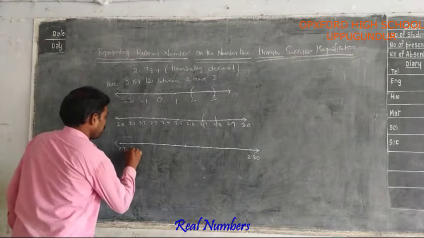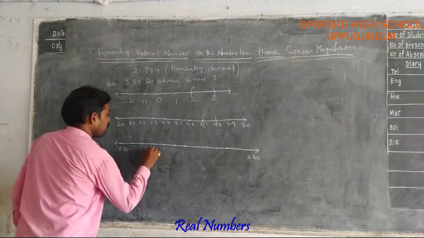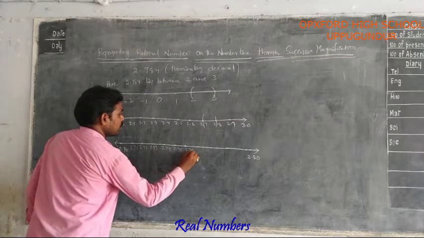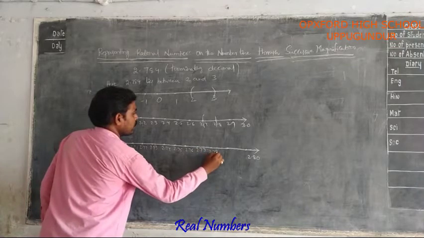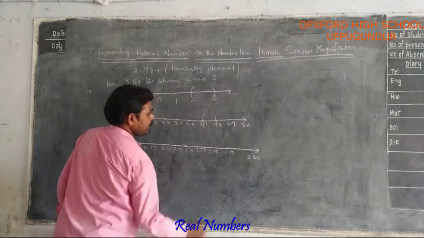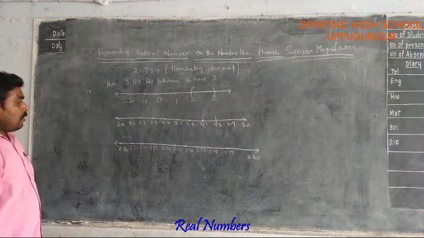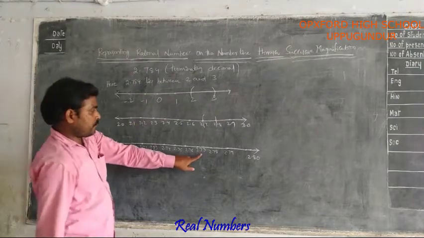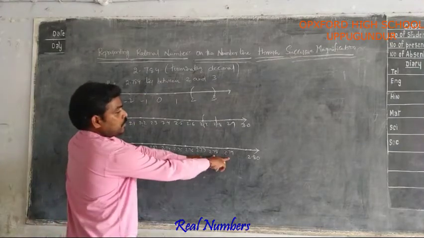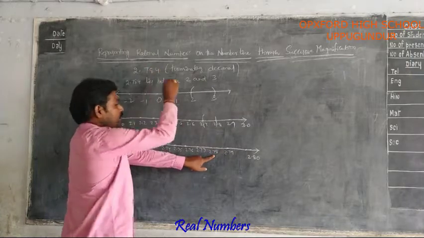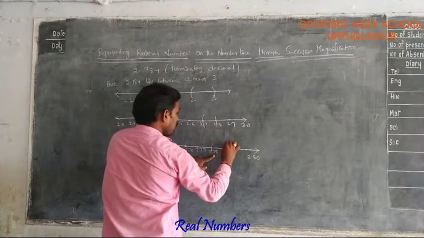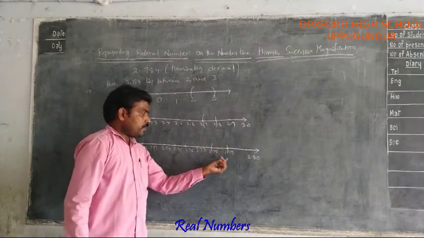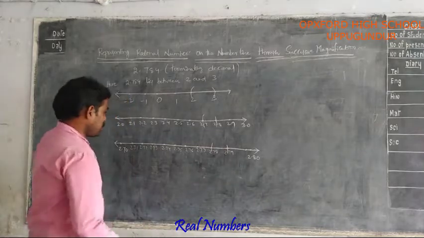So 2.71, 2.72, 2.73, 2.74, 2.75, 2.76, 2.77, 2.78, 2.79, 2.80. Now the value we want is 2.784. So this one is 2.78 and this one is 2.79. Now this 2.784 lies between these two. Again we have to divide the interval between 2.78 and 2.79 into 10 equal parts.